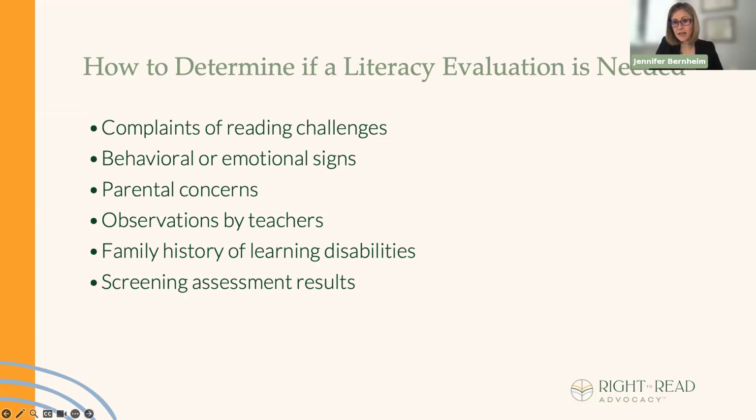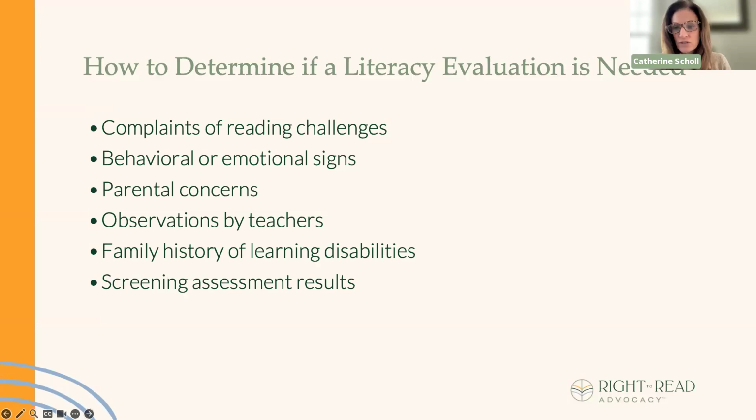You want to mention the IEE as well? Yeah, so the IEE. If a district isn't seeing what you're seeing, they're not seeing the need for an evaluation, they're just like, oh, he's doing fine, or he'll catch up, and you really are adamant that there is an issue, then you can request what we call an independent educational evaluation, otherwise known as an IEE. Now, that doesn't mean the district has to do it.